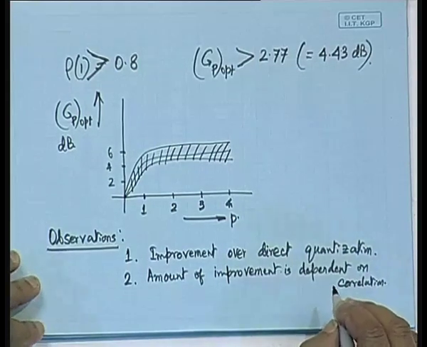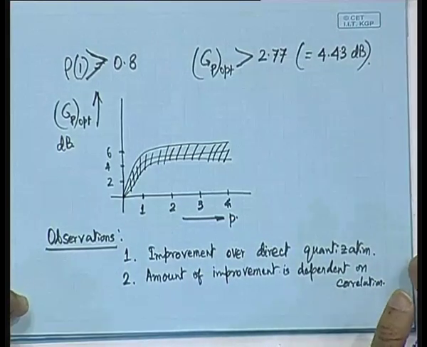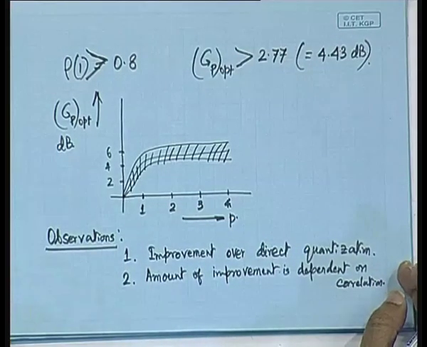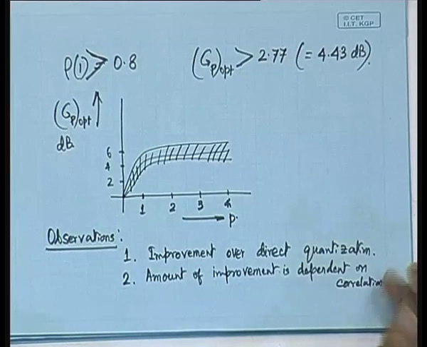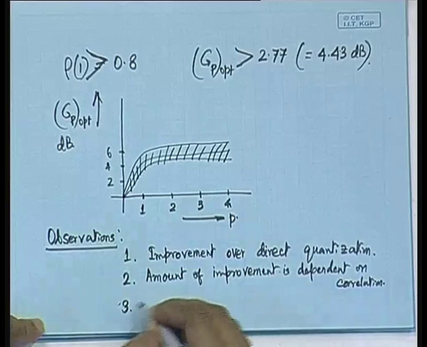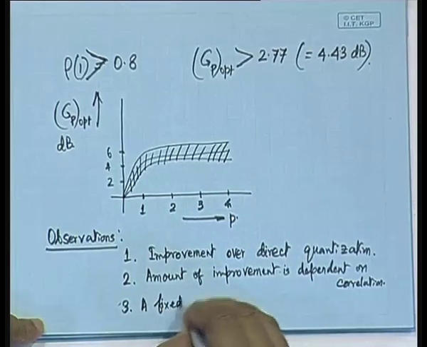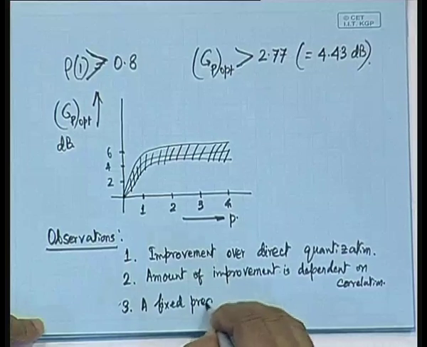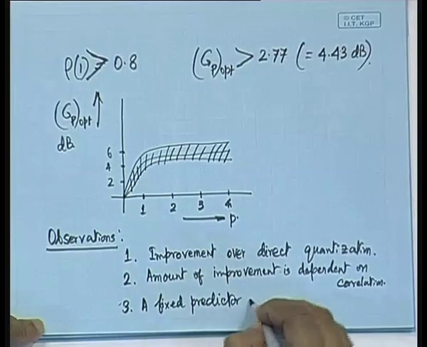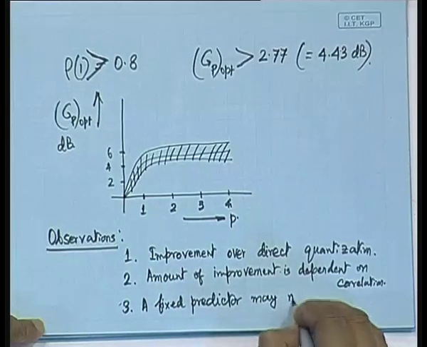And another aspect that should be shown is that a fixed predictor cannot be optimal for all speakers. Okay. This also is experimentally observed. A fixed predictor may not be optimal for all speakers.